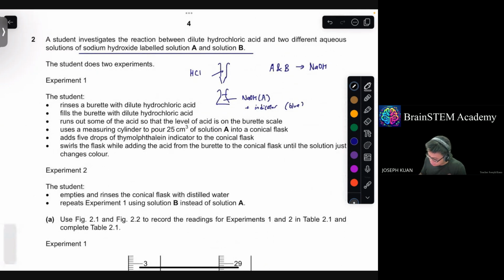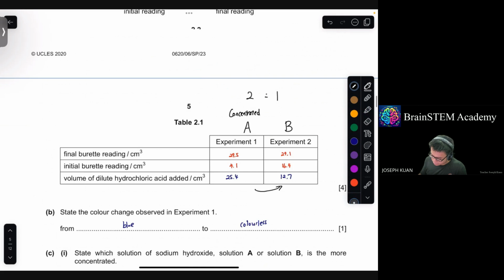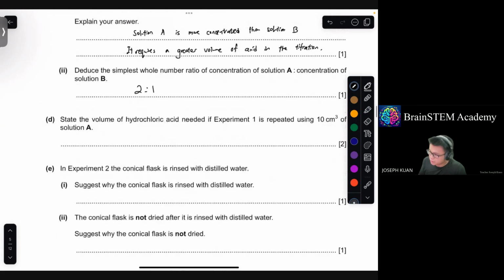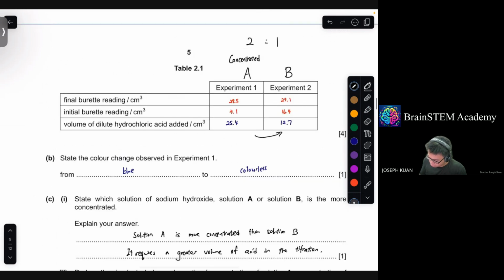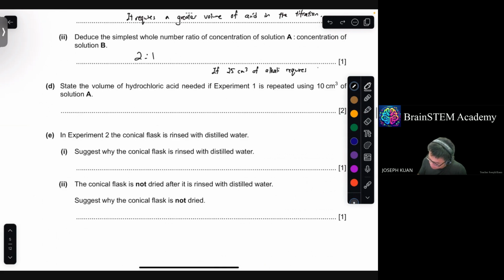Experiment 1 originally uses 25 cm³ of solution A. So, let's establish that 25 cm³ of alkali requires 25.4 cm³ of acid. Right, so you can establish this as the alkali to acid ratio, which is 25 to 25.4.